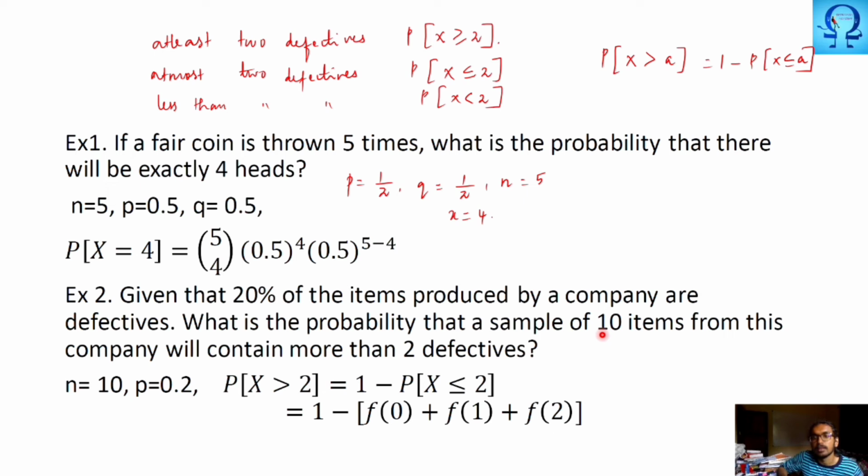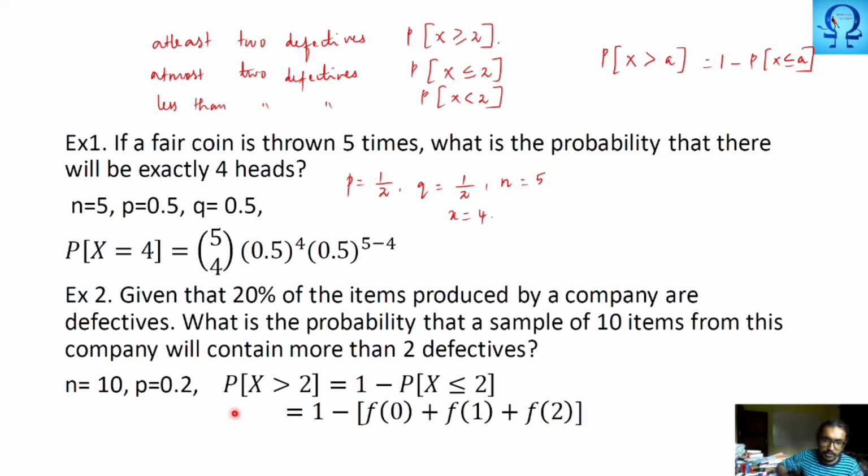And here there are 10 items. We randomly pick, and there is a chance that we don't find any defective. There is a chance that we find one defective. There is a chance that we find two defectives.